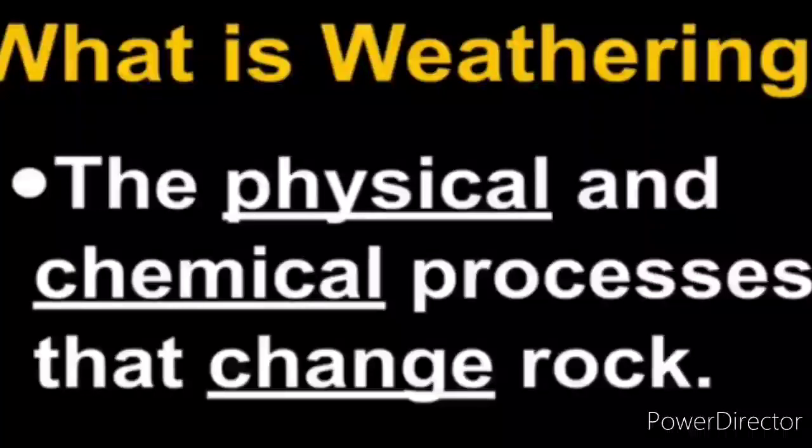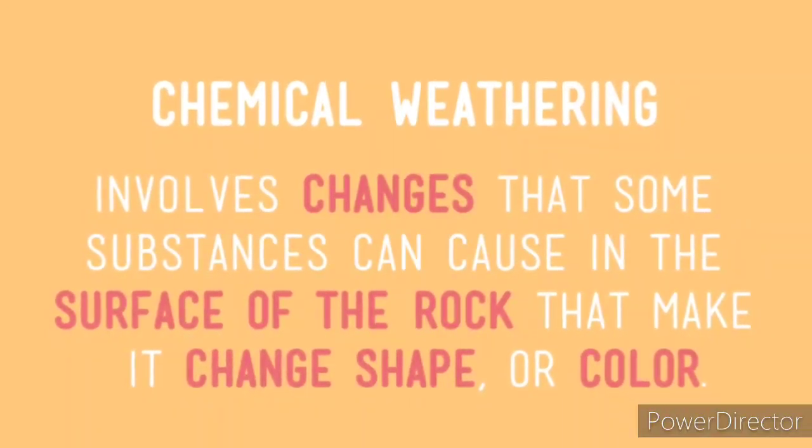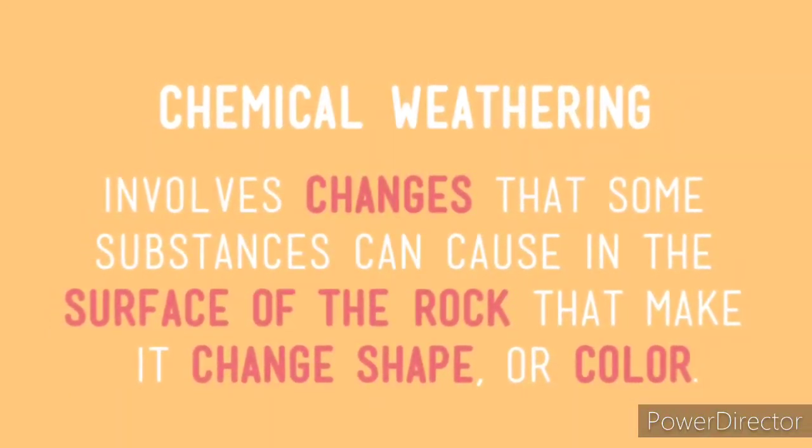Weathering is a process that changes the characteristics of the rock on the earth's surface. Physical and mechanical weathering is when rocks are broken into smaller pieces without changing their chemical composition, and chemical weathering is when rocks are chemically changed into a different substance.